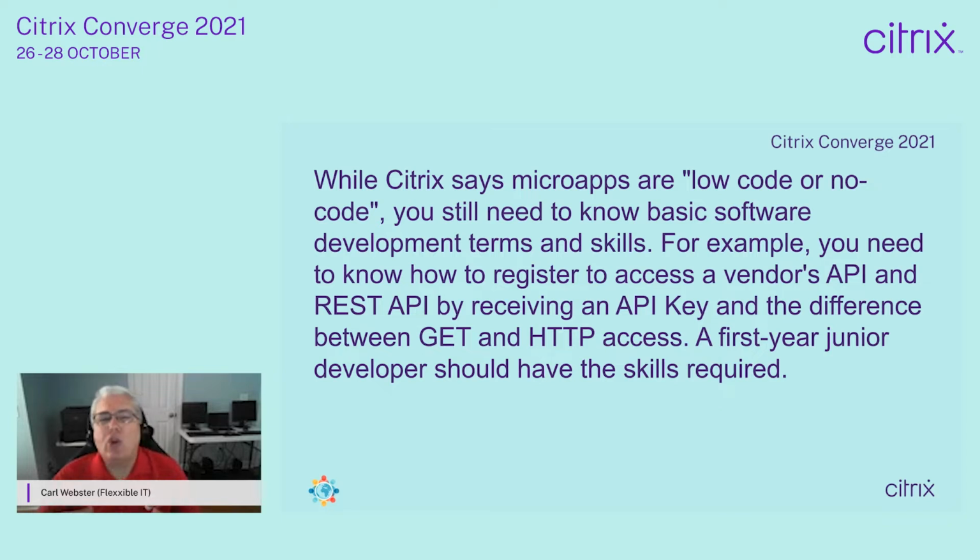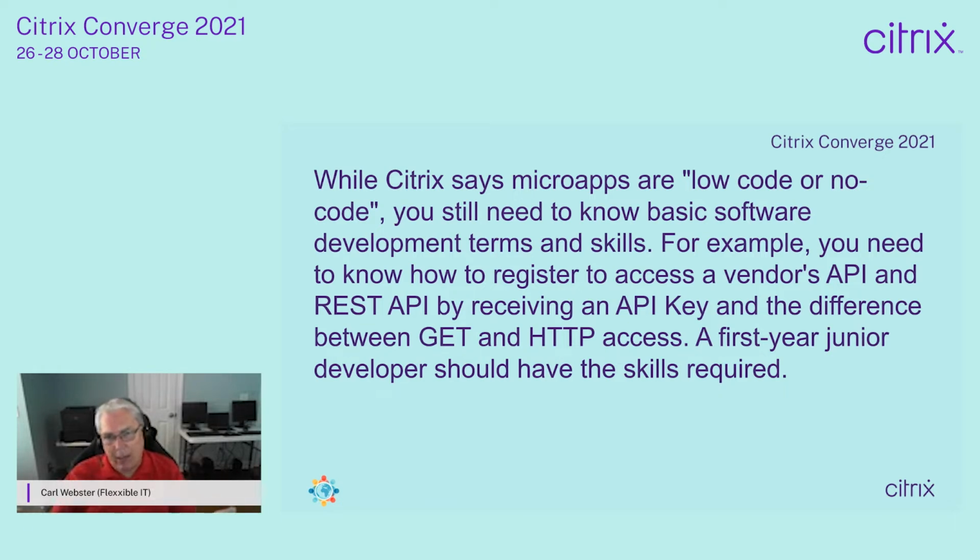For example, you're going to need to know how to register to access a vendor's API and REST API. They're going to give you an API key for validation or authentication. And you're going to need to know the difference between GET, PUT, HTTP access.